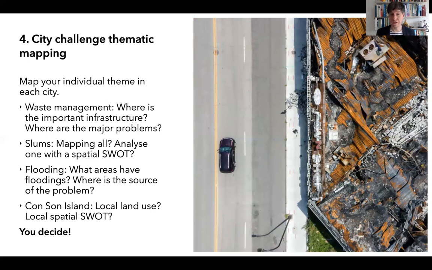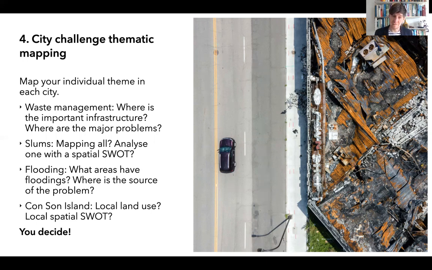So maybe it's about looking at where the important infrastructure for waste management is. Where do you have big problems with waste? In the slum case, maybe it's mapping where all the slum areas are. Or maybe you would decide to do one of them and make a spatial SWOT, again, like the number 2 exercise, and do this for only one slum area.